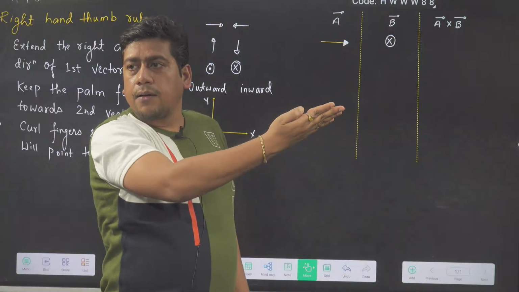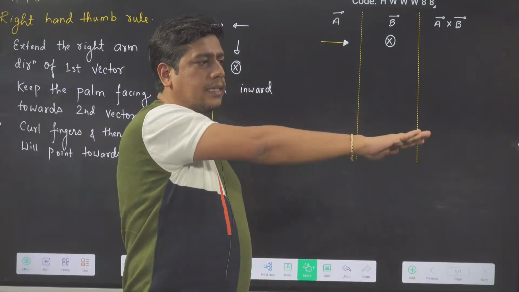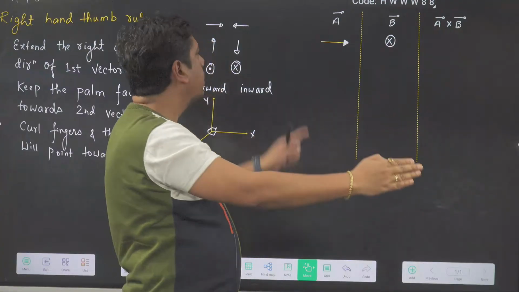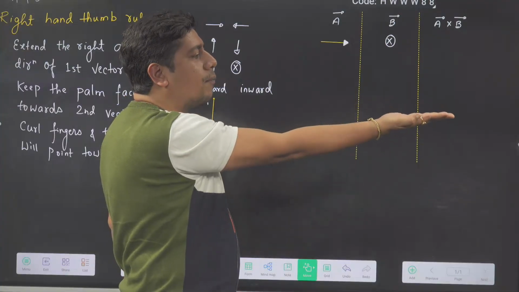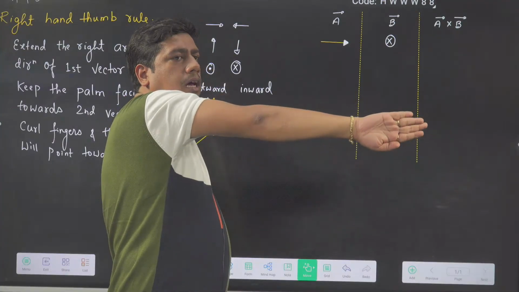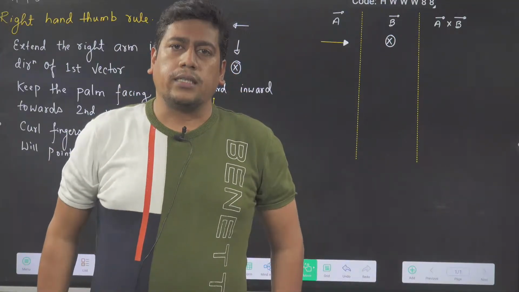But we can change the orientation of the hand. We can rotate the hand like this, but the hand is towards right side only, right? Hand is towards A vector, but the palm can be inward, upward, downward, outward. So you can keep your palm in multiple directions.